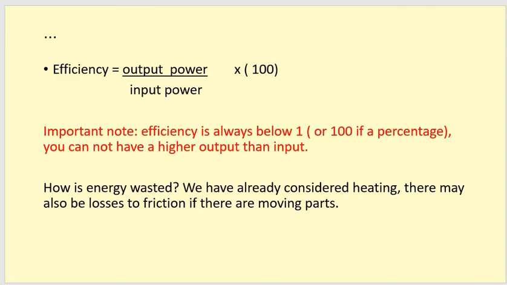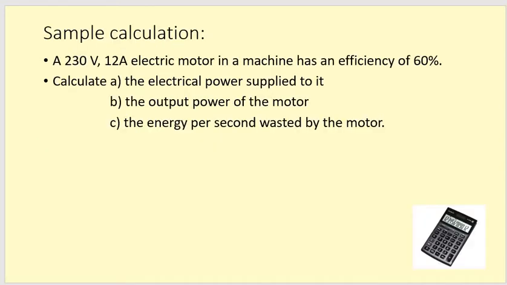And the law of conservation of energy tells us that that is not possible because energy is not made or created, just transferred. Now, there may be energy wasted through heating, there may be energy wasted through friction if you've got moving parts in a machine. There's the two main ways of wasting it.